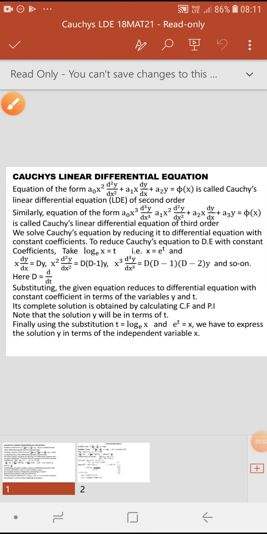The topic is Cauchy's linear differential equation. In a Legendre's differential equation, if A is taken as 1 and B is taken as 0, then the resulting equation is called Cauchy's linear differential equation.